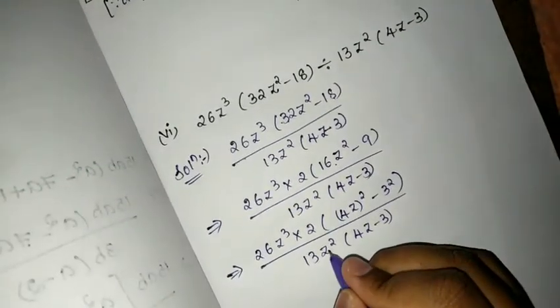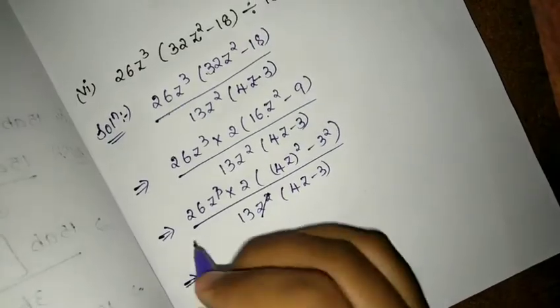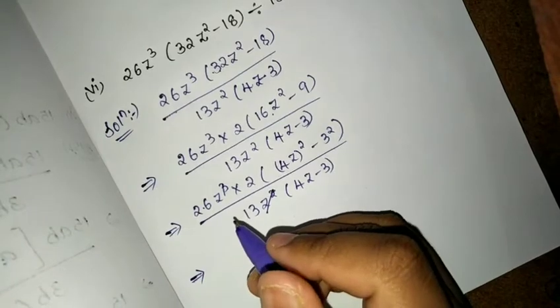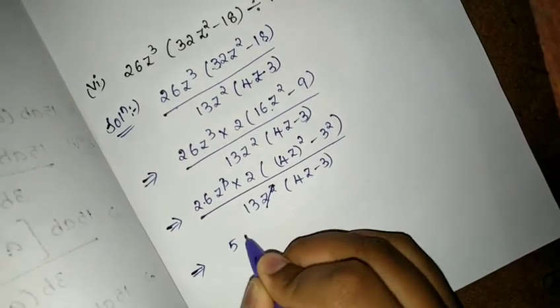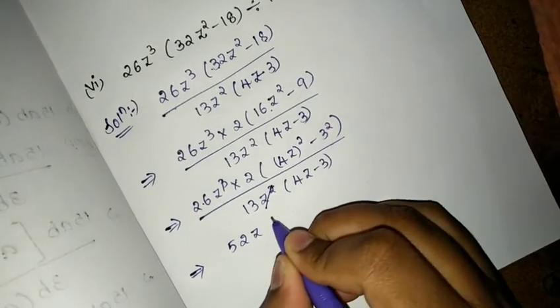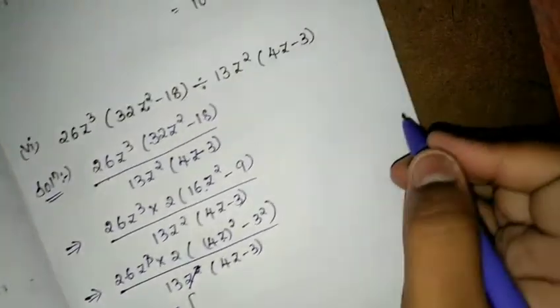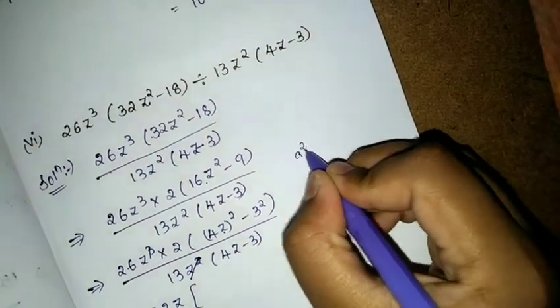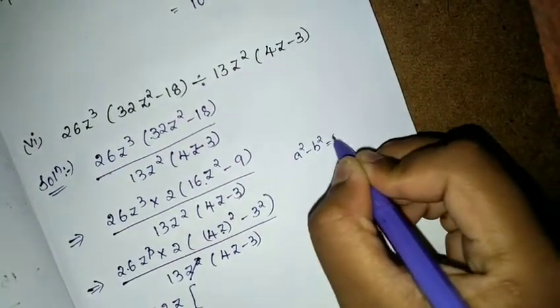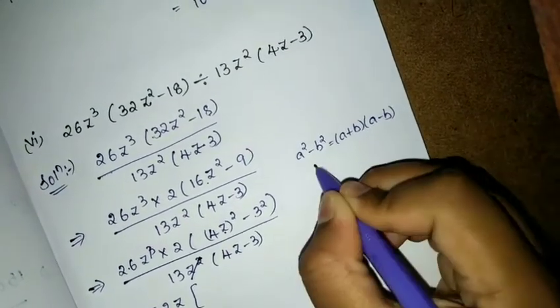Let's see, we can cancel z square here. Next 26 2s are 52z. So it is in the form of a square minus b square again. So the formula for a square minus b square is a plus b into a minus b.